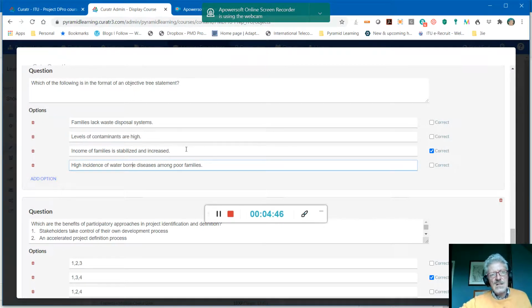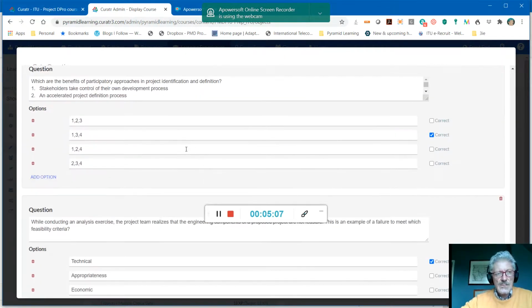Income of families is stabilized and increased. So this is a positive reflection. It's a positive statement, something you might find in an objectives tree. So if you see a question like this in the test, if it's negative, it's probably from a problem tree. If it's positive, it's probably from an objectives tree.